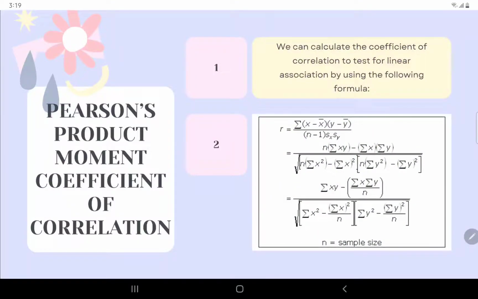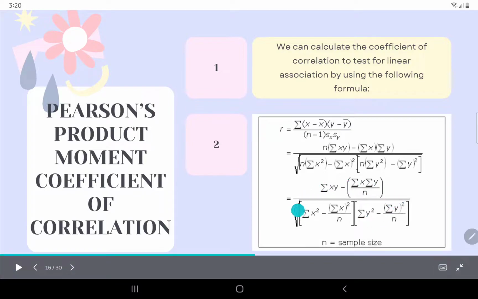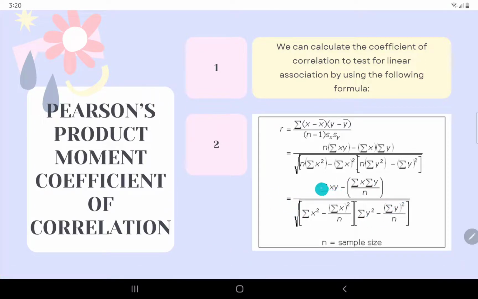Okay. The second method to find the coefficient of correlation is using Pearson's product moment coefficient of correlation. Okay, nak guna Pearson ini formula dia. Yang ni bawah sekali, you all boleh guna yang bawah. R, the correlation coefficient, equals total of xy minus total of x times total of y, ni darab lah kiranya, divide by n.